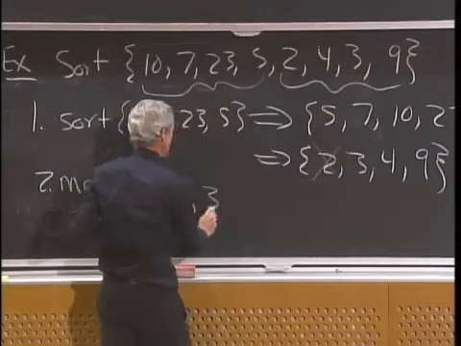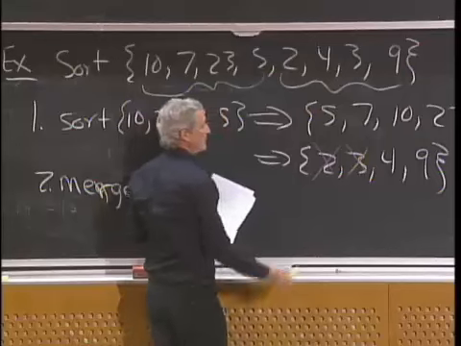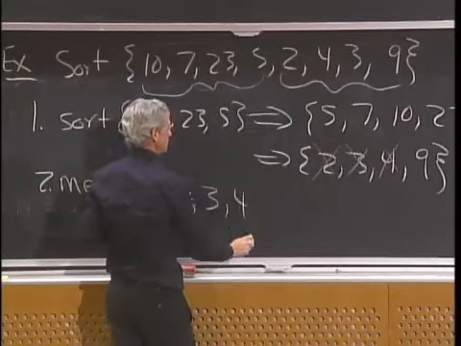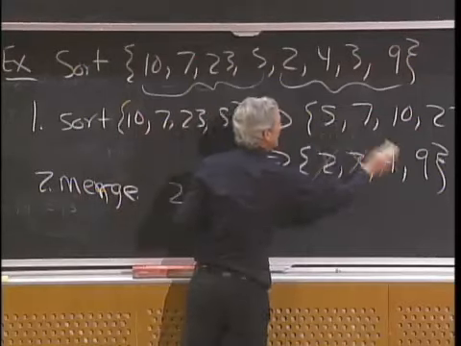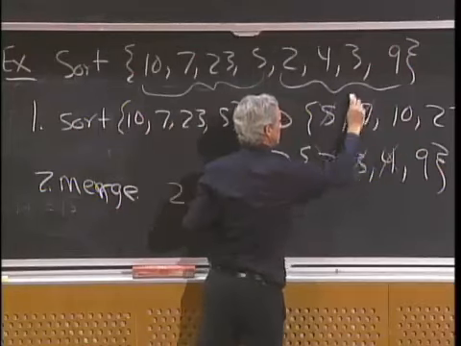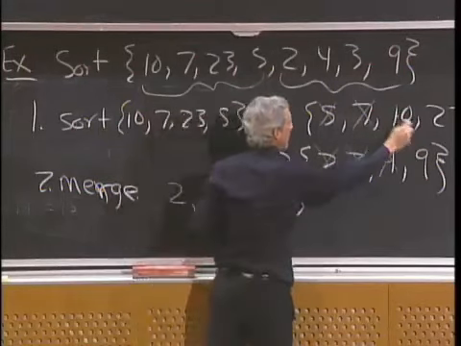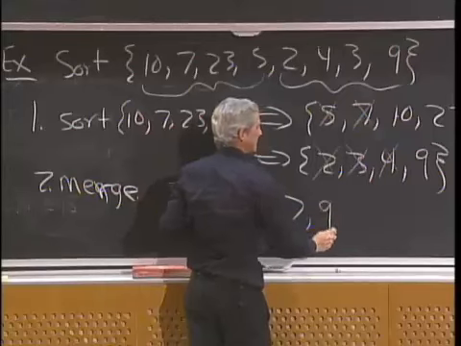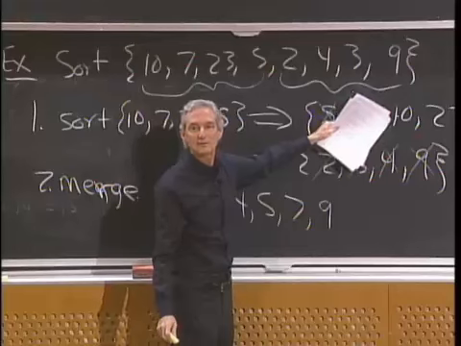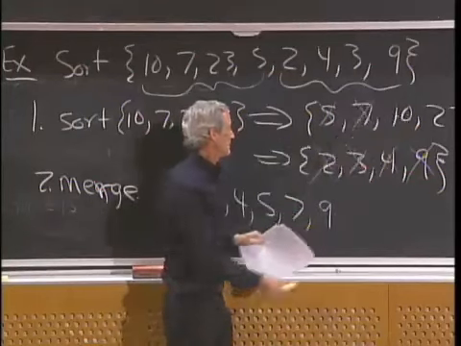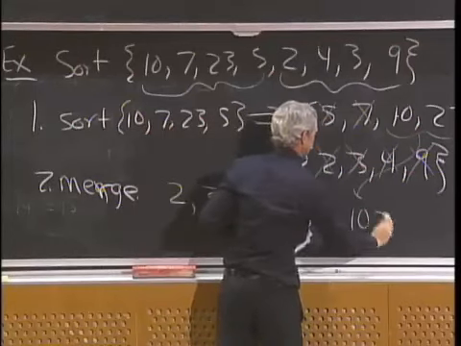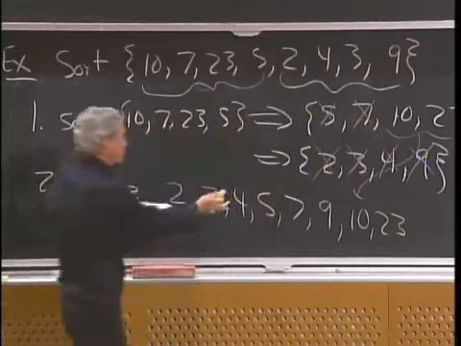I get 3, scratch that guy. Then I compare 5 and 4. Get 4, scratch him. Then 5 and 9, 5 is the smallest. 7 and 9, 7. 9 and 10. And actually now I don't really have to do any more comparisons. All I've got is one list left, so I can just send these guys down. And I produced a sorted list.